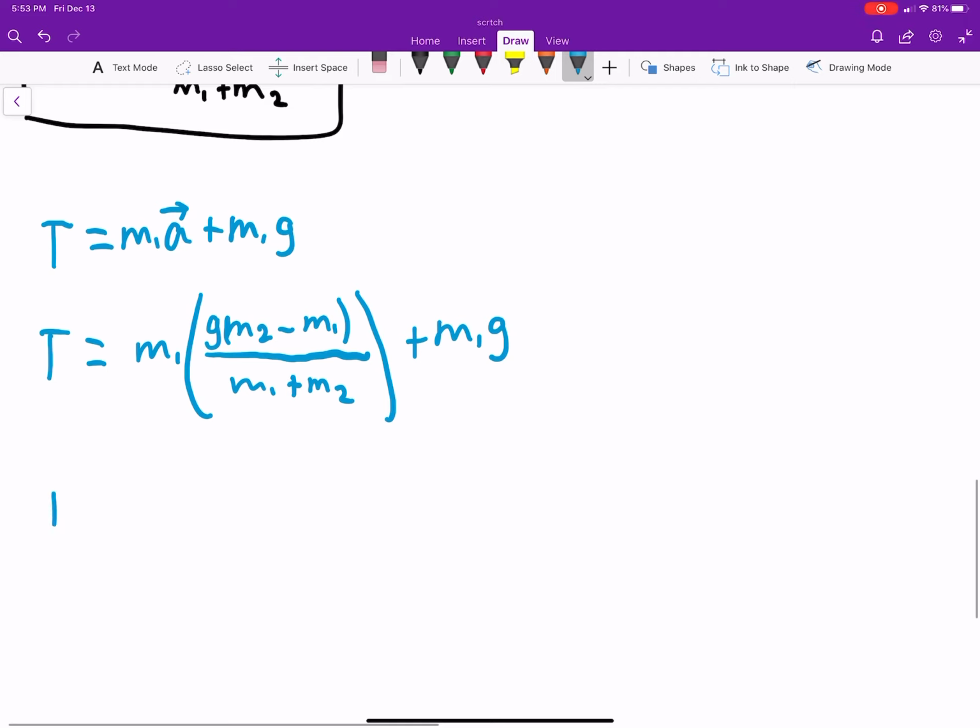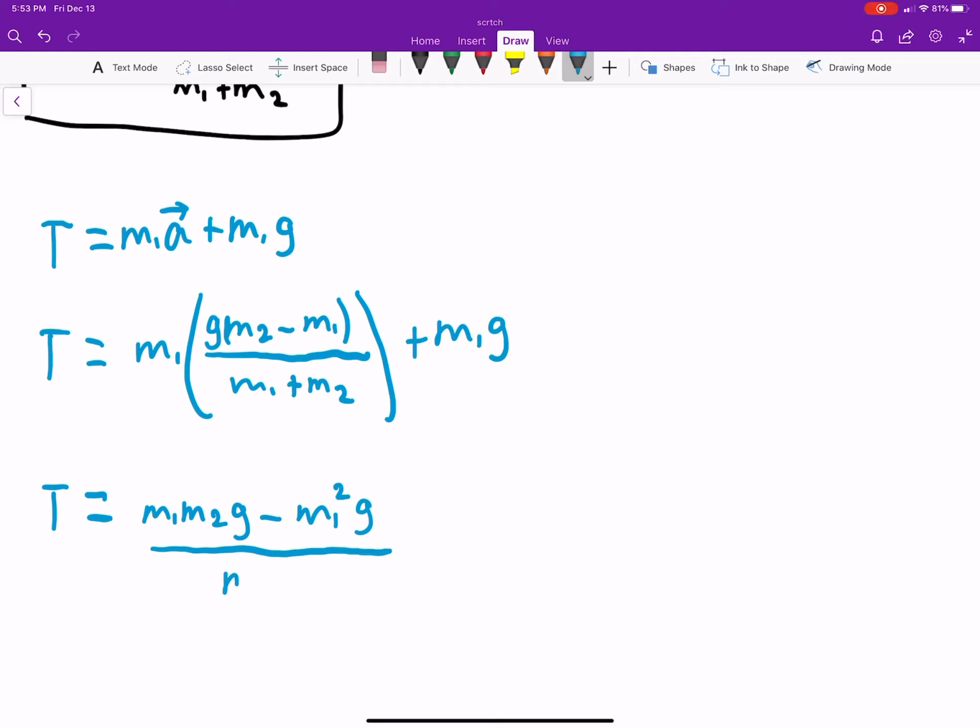I'll just go ahead and distribute it because why not? We have m1 times m2 times g minus m1 squared g all over m1 plus m2, plus m1g. I don't think that really simplified it much, but whatever.